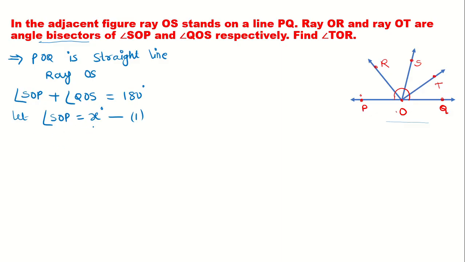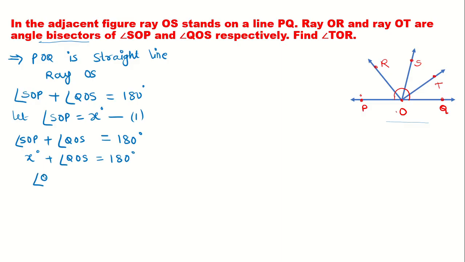Now, substitute this x in this equation. Angle SOP plus angle QOS is equal to 180 degrees. Angle SOP is x degrees, plus angle QOS is equal to 180 degrees.